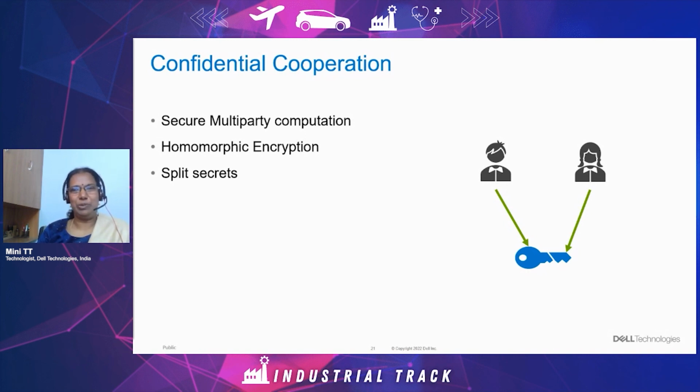And secure multi-party computation is where multiple parties can do a computation without disclosing their individual data, but only the result is known to everyone. Say in a medical setup, individual hospitals don't want to share their data, but they want the aggregation, for example for COVID, a pattern of how it is happening across all the hospitals without sharing the individual data. This is the next stage of cryptography-based and mathematical computation-based mechanisms that we can use for confidentiality: multi-party computation, homomorphic encryption, split secrets.